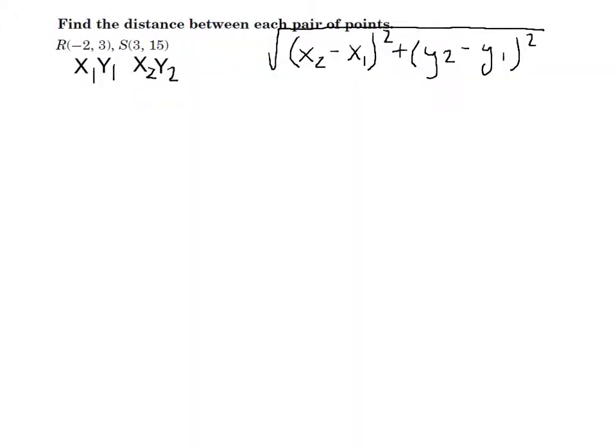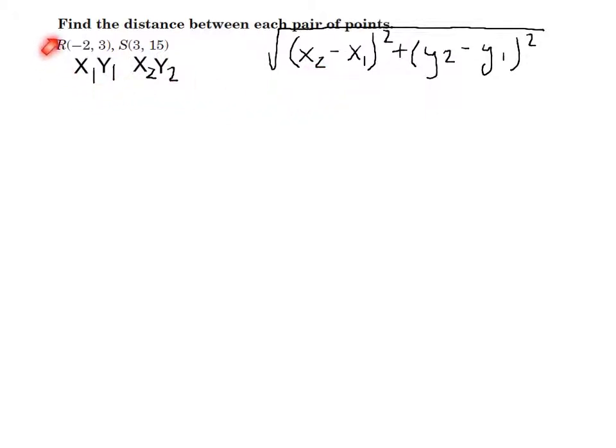Now, let's take a look at doing this without a graph. This formula here for distance between 2 points is just the Pythagorean theorem. These numbers below the letters just indicate which point we got that number from.